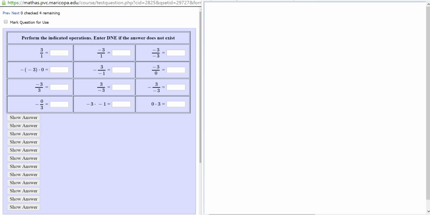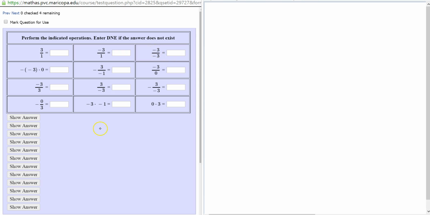In this example, we're going to perform the indicated operations and we're instructed to enter D and E if the answer does not exist. So notice for all of these problems, it looks like a lot of them involve dividing or multiplying by 1 or 0, or we have the number and its opposite or the number and itself related.